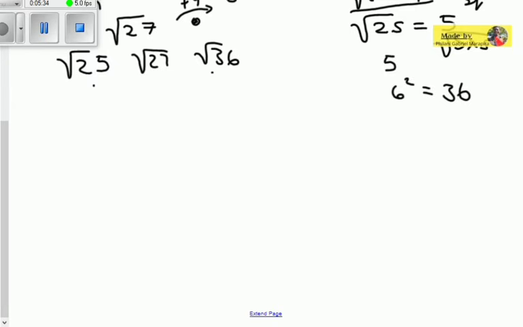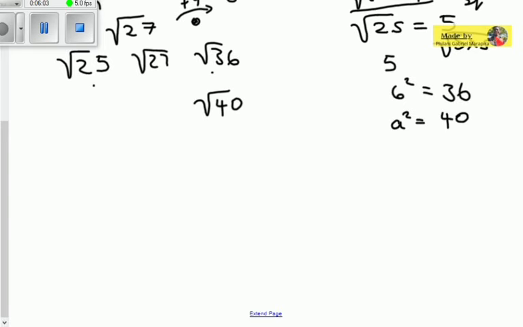So here's another example. You are given a surd, the square root of 40. You know that the square root of 40 is not a perfect square. You can prove that by trying all numbers from 1 squared up to 10 squared. You won't find any square which will give you 40 in the whole numbers.